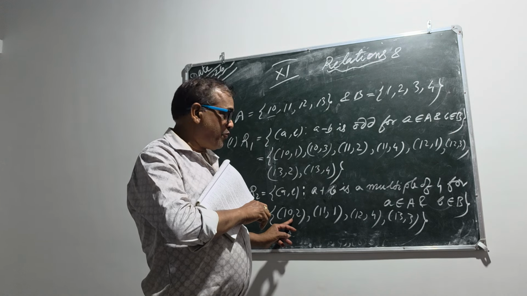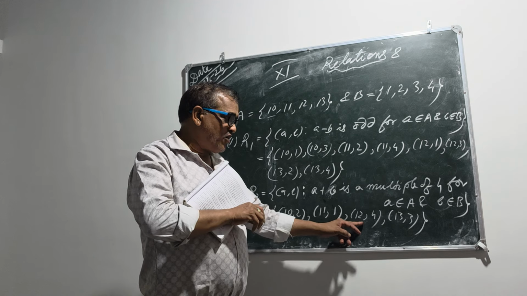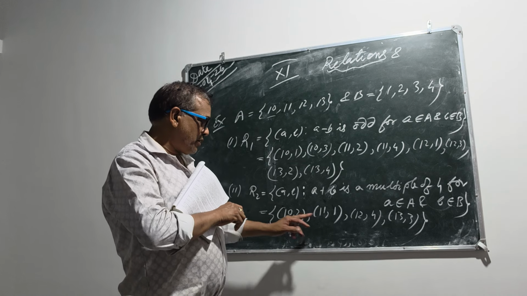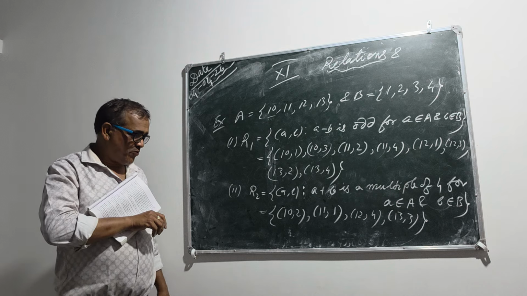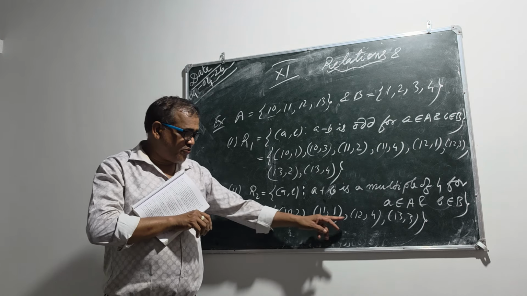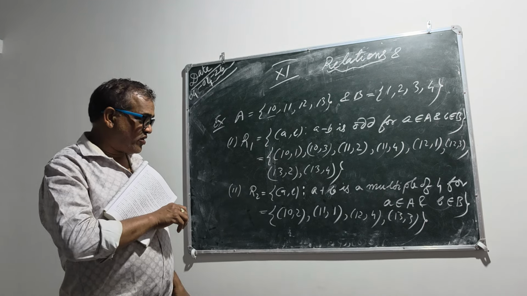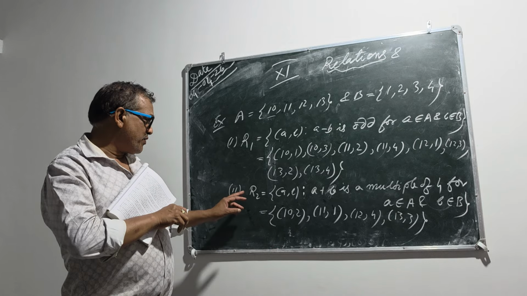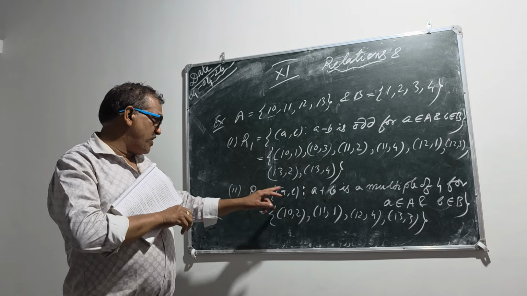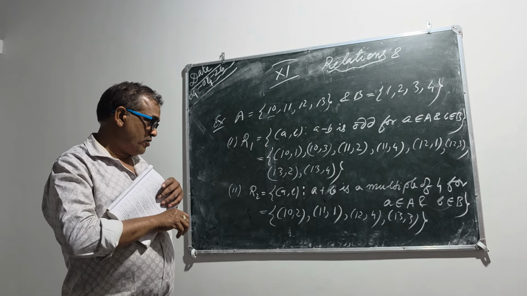So 12 and 16 are divisible by 4, so their summation is a multiple of 4. So how many ordered pairs? 1, 2, 3, 4. So there are a total of 4 ordered pairs under the definition of R2.